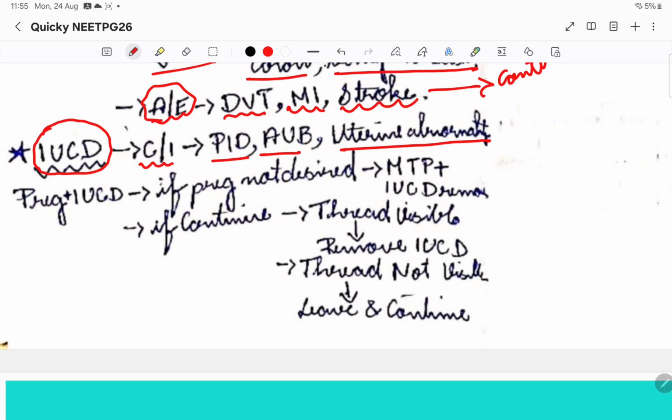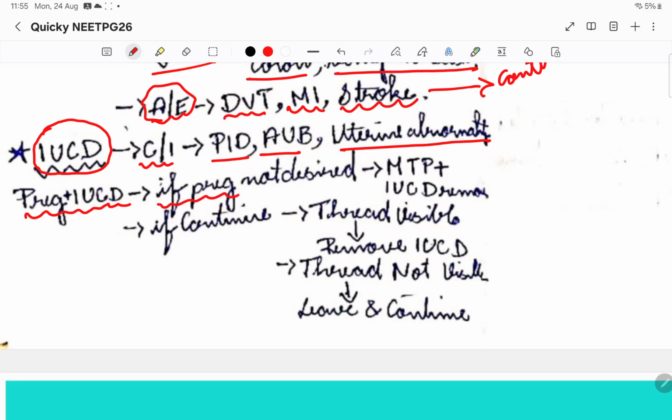If a pregnant woman with an IUCD comes, these are the questions they have been asking. These are the case scenarios that they'll ask. The IUCD has been placed, but suddenly the patient has conceived. There are cases of failure of IUCDs, right? So what do we do?